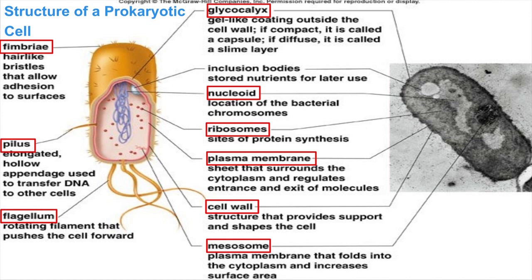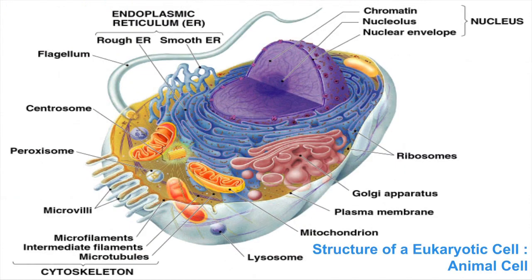Using bacteria as our sample prokaryote, the following structures and organelles can be found in bacterial cells: fimbriae, pilus, flagellum, glycocalyx, nucleoid, ribosomes, plasma membrane, cell wall, mesosome. Like a prokaryotic cell, a eukaryotic cell has a plasma membrane, cytoplasm, and ribosomes.